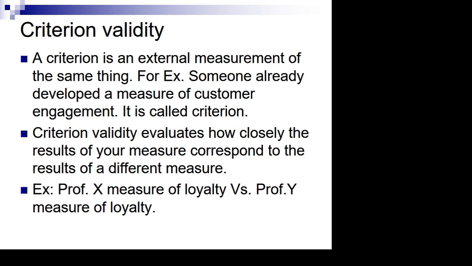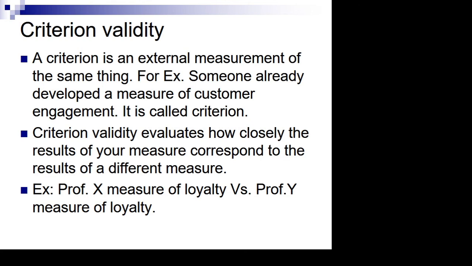The example I have already quoted is if Mr. X measures customer loyalty, which is already published in some popular journals, you have also developed another measure of loyalty. So both questionnaires or both scales can be included in the study. After collection of the data, you can establish the relationship between Mr. X's measure of loyalty and your measure of loyalty.